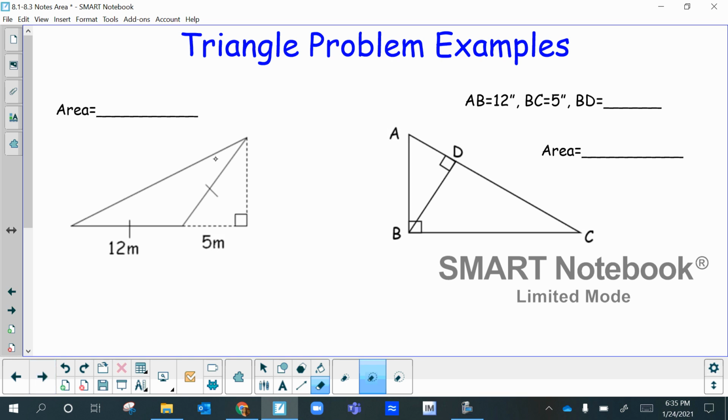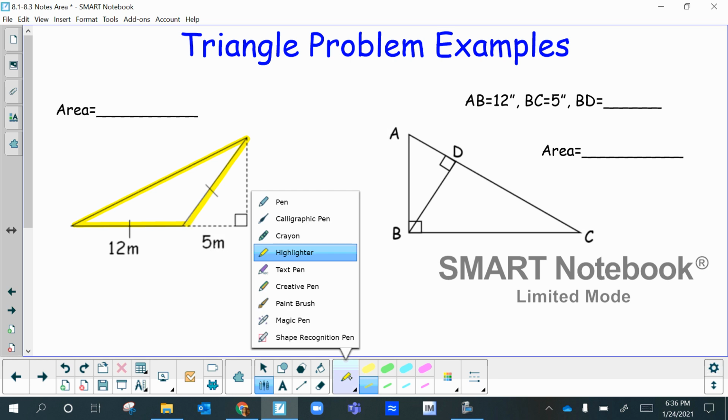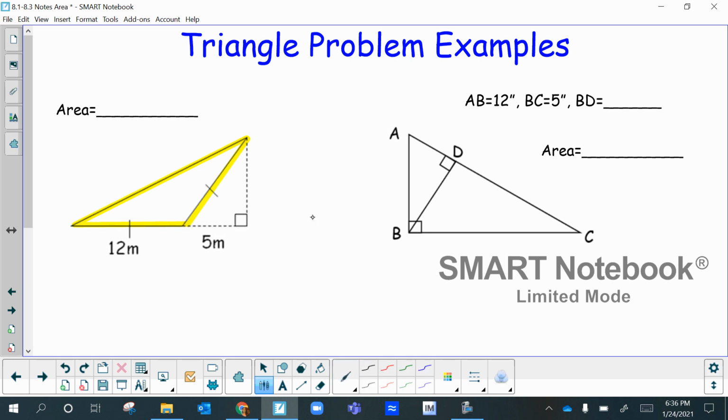These dotted lines out here just indicate other measures, but they're not part of the triangle. So I'm going to highlight the triangle that we need to find the area of, because this is a solid line, this is a solid line, and that's a solid line as well. You don't want to find the area of anything else but that figure right there.